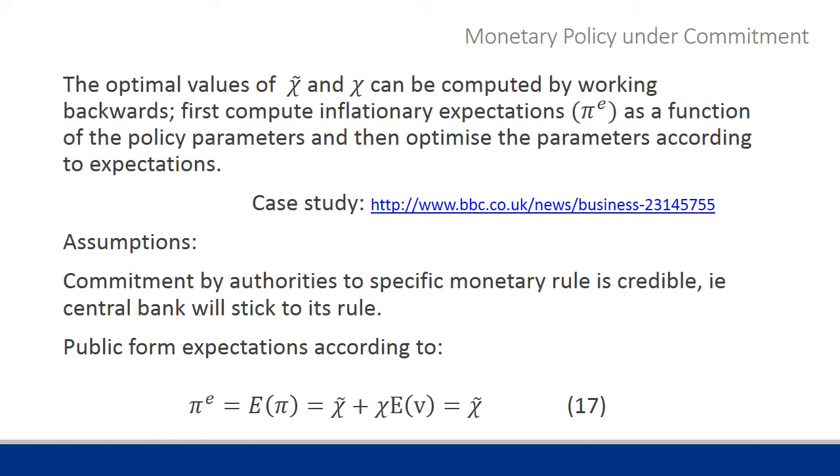That is the major assumption here, and on that basis the public form expectations assuming the bank will stick to its rules. So the inflation expectation is going to be set according to the monetary rule that we have, which is the expectation of phi tilde is just phi tilde, and the expectation of phi v is phi times E of v, which is 0. So the public form expectations around the target rate, phi tilde.